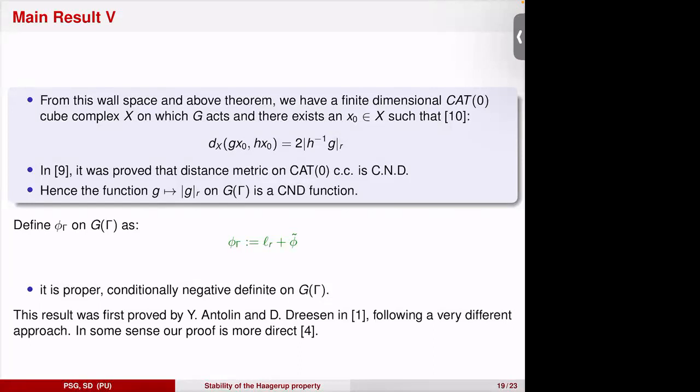And it is a conditionally negative definite function because it is a sum of two conditionally negative definite functions. And the presence of this LR function tells us that this phi gamma will be a proper map. So on the graph product, we have a proper and conditionally negative definite function. Therefore, we can say that this group G gamma has the Haagerup property.